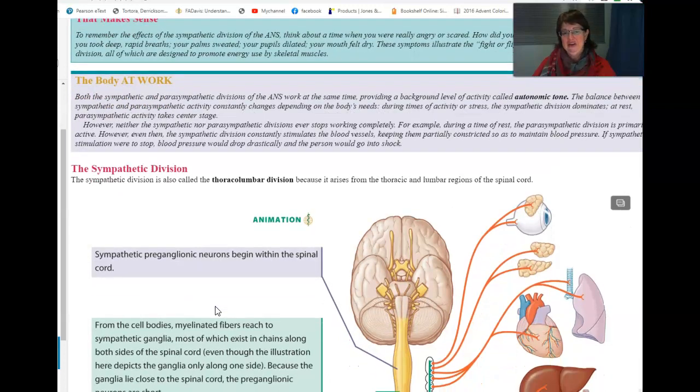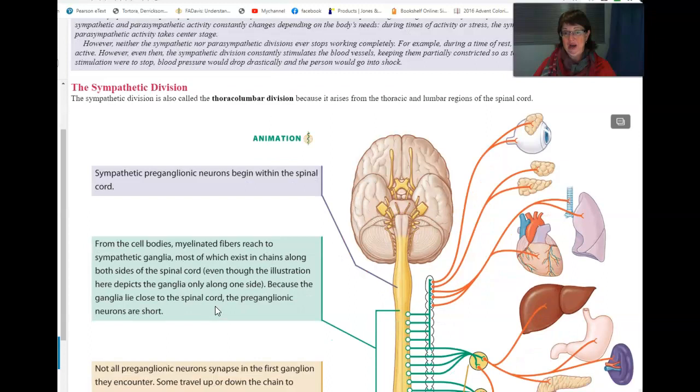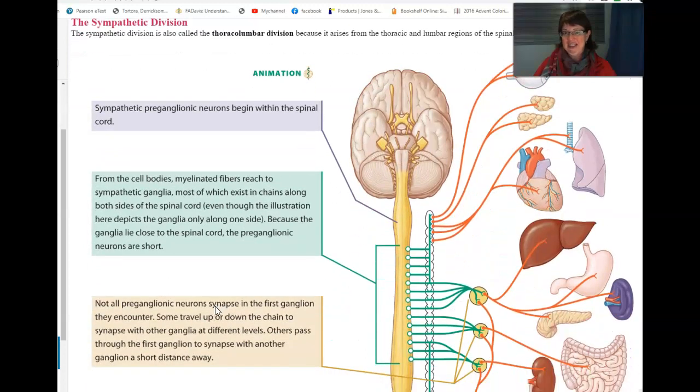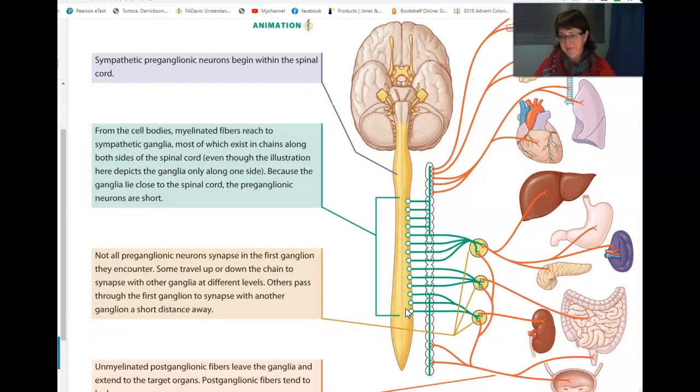Now, another difference between the sympathetic and the parasympathetic nervous system is where they come from. The sympathetic nervous system is seen as thoracolumbar. So it mainly comes from the middle, from the thoracic, the chest area, and the lumbar. Okay?